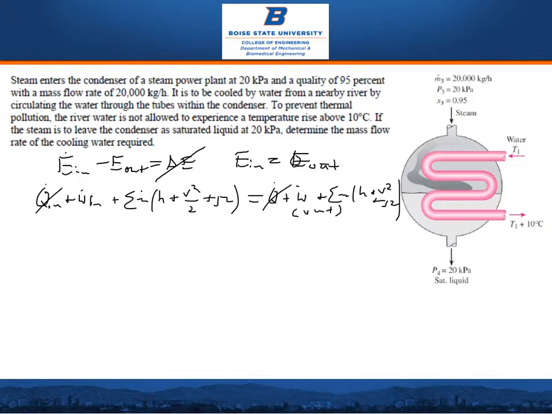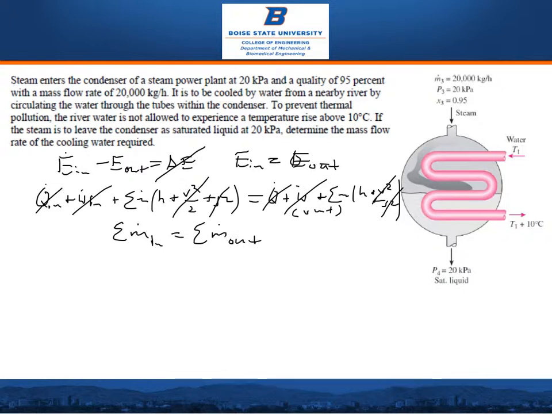There's also not any work being done because there's no pistons or any parts moving inside or shafts or turbines or anything like that. Also, it's a stationary system, so we can get rid of kinetic and potential energy. So we're left with the sum of the M dots in equals the sum of the M dots out.